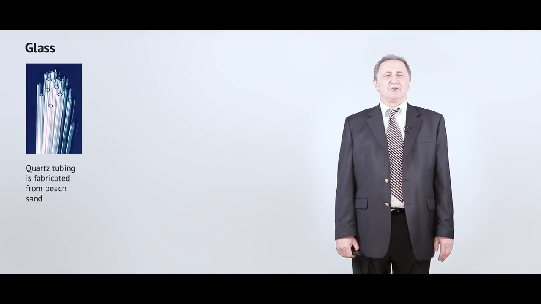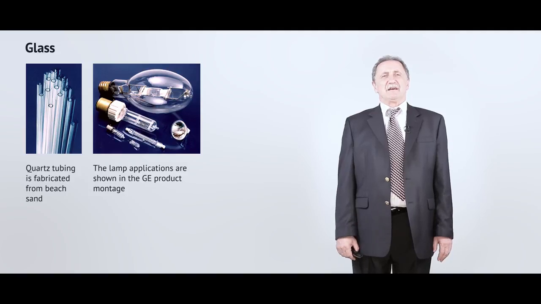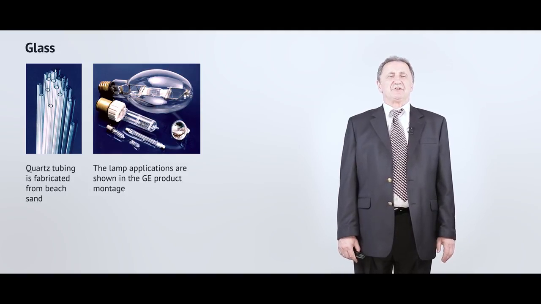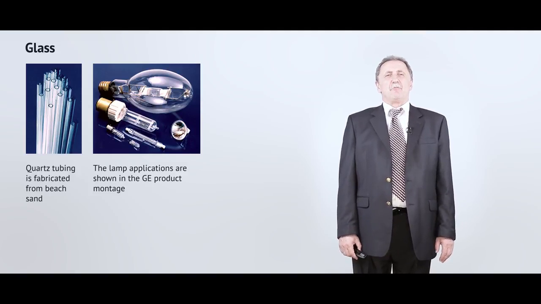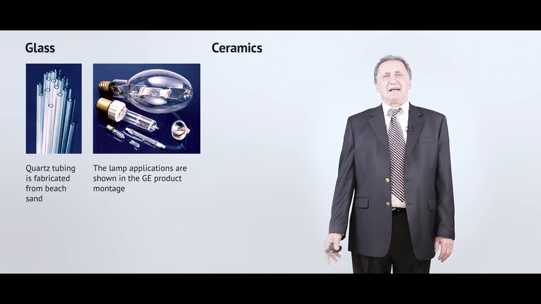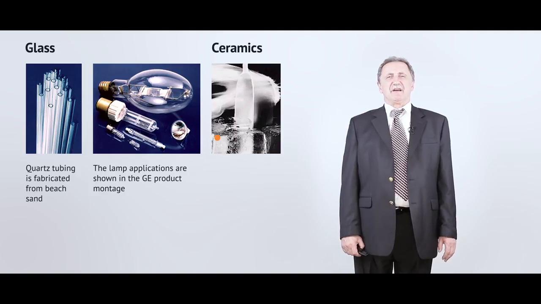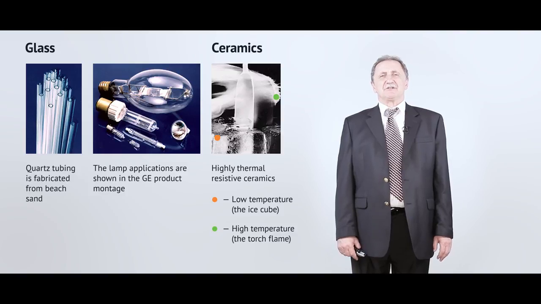This screen gives you some examples of glass materials, not crystalline materials. You know that they have very specific properties, including very high temperature resistance, but on the other hand, you can easily fabricate materials with complex forms from them. On the right side, you also can see ceramics, but crystalline ceramics, which can withstand extremely harsh conditions.